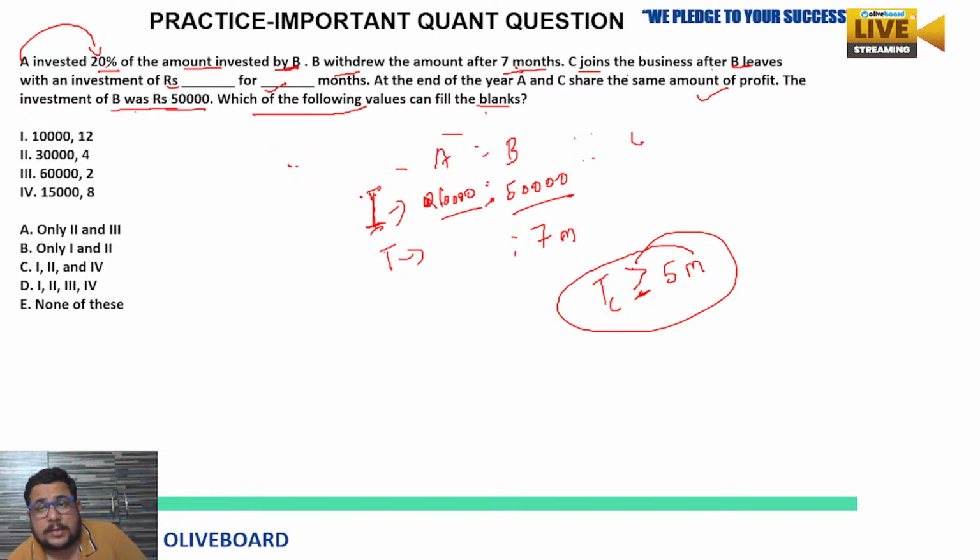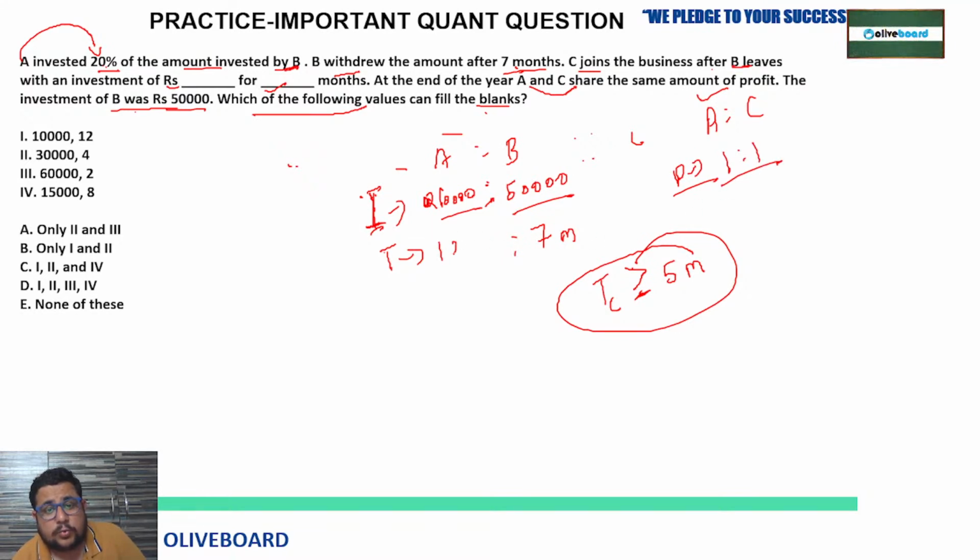Now C joins the business after B leaves with an investment of rupees dash for dash months. At the end of the year, A and C share the same amount. See, similar question. A and C's profit ratio is same at the end of the year, that is 1:1. So A invested for 12 months.